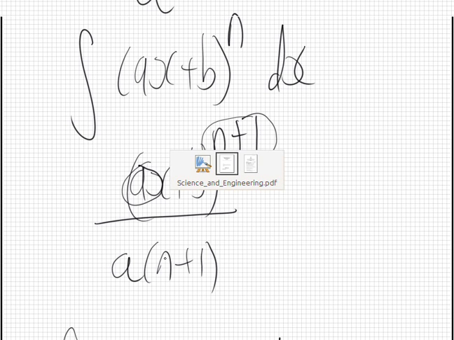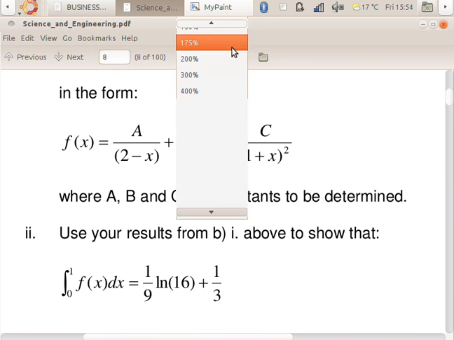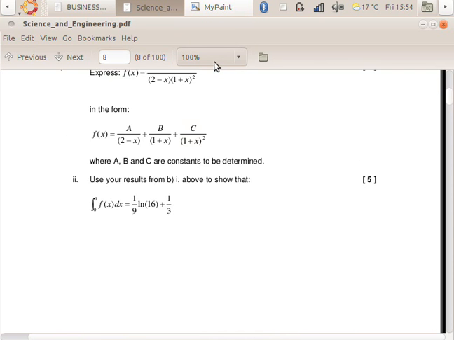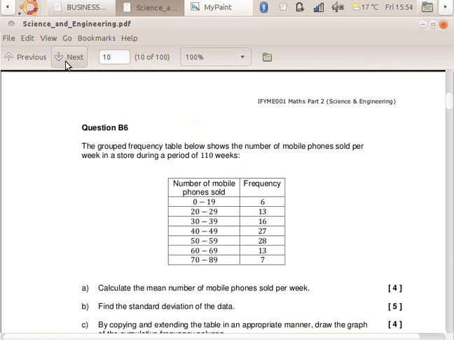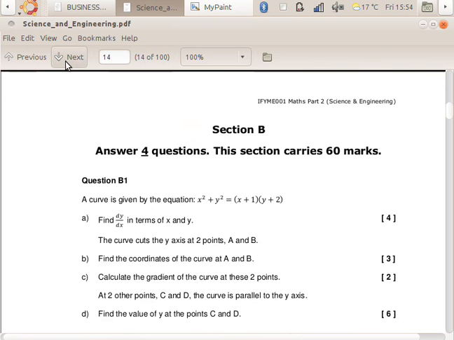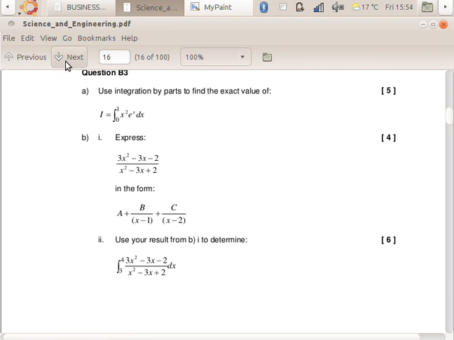Go back. No, actually, I'll go to something else now. Now, we'll do another integration one, but maybe not like this. We'll try and find a different one. So if I go to the next paper, no, too similar.